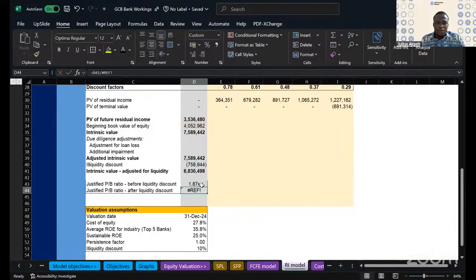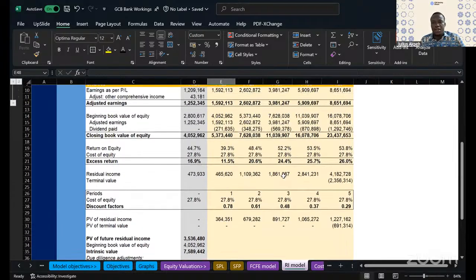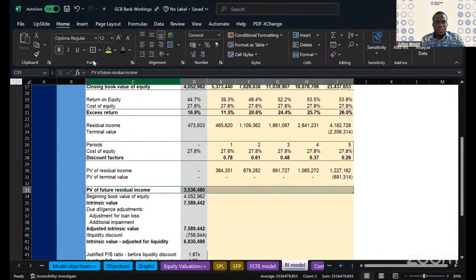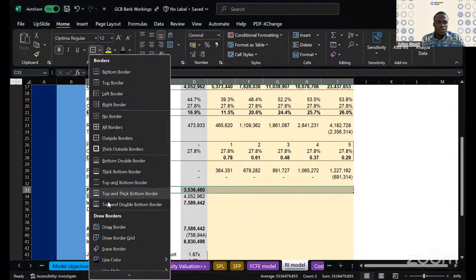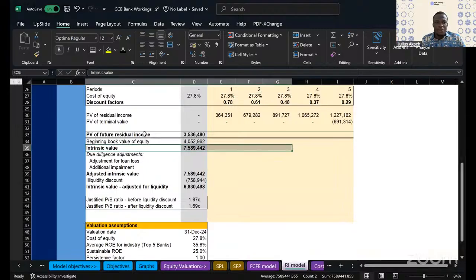And then the second one is this divided by the same book value of equity. So this is what we do, and this is what we have come up with as a valuation for the bank, based on some assumptions that we just play with.